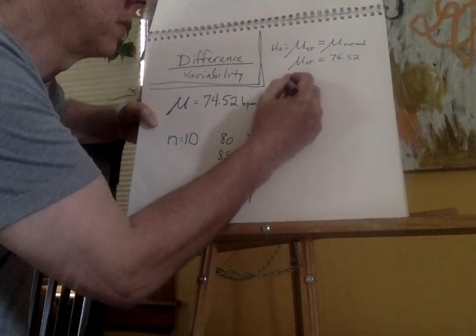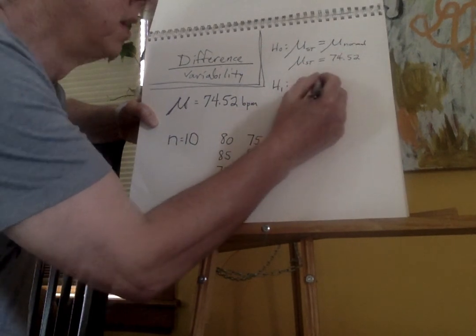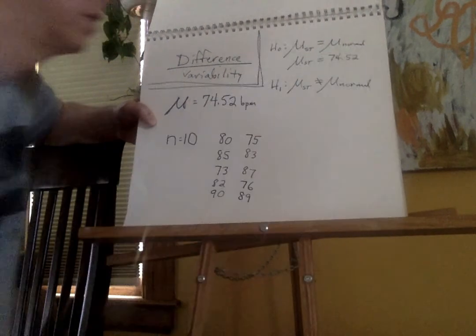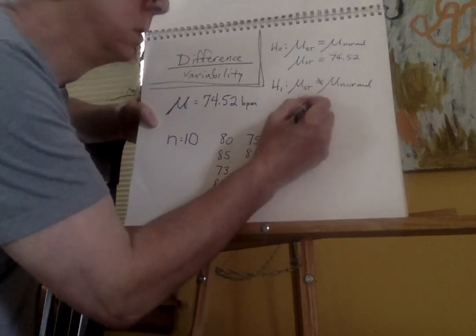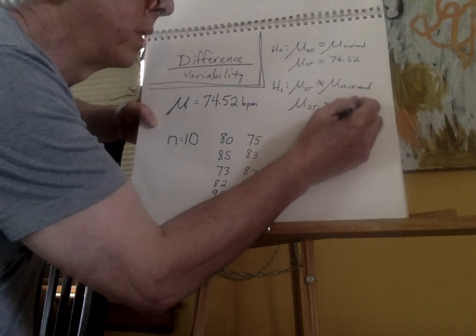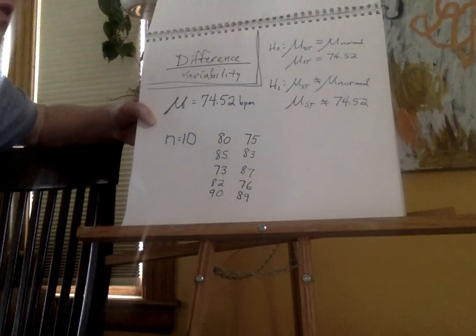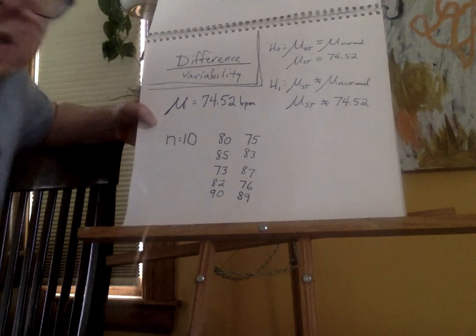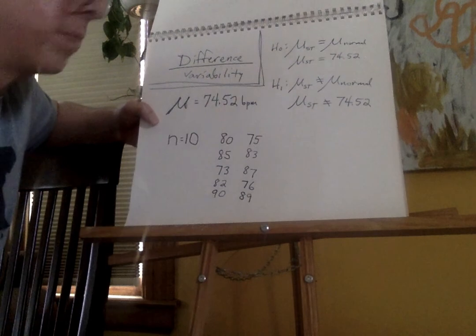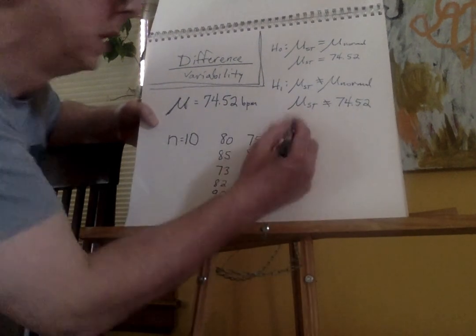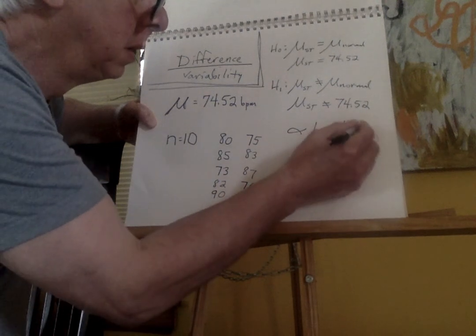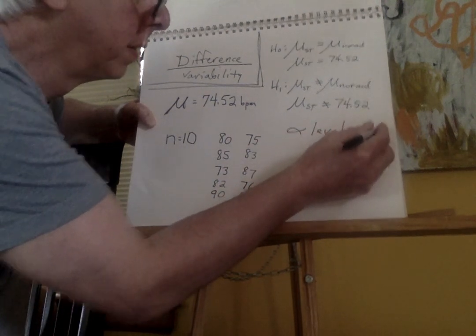Alternative hypothesis is that with the soundtrack, heart rate's going to be different than 74.52. Step 1. This should be review. This should come easy for you at this point, okay? Step 2. I'm going to use an alpha level of 0.05, okay?